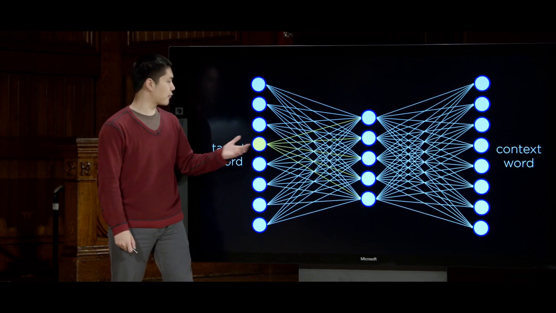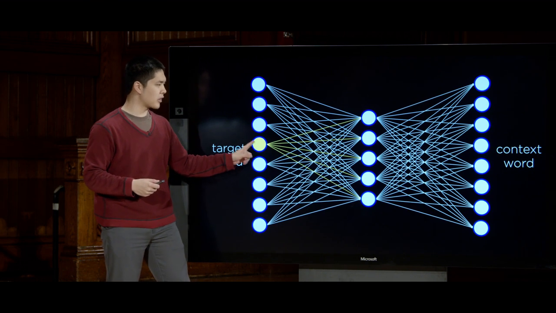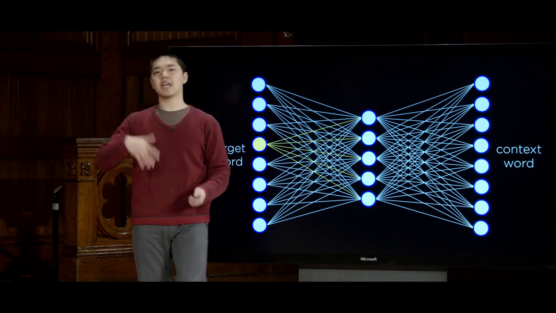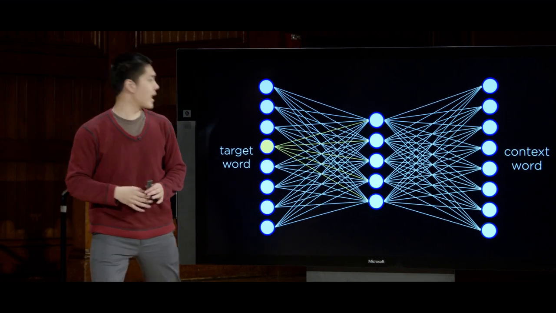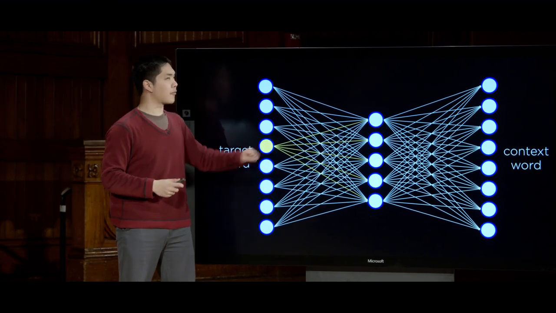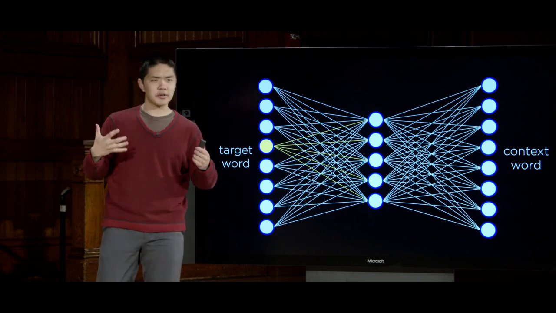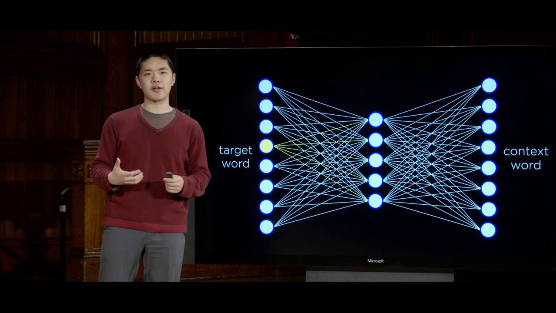In other words, I get 5 numbers that effectively are going to represent this particular target word here. And the number of hidden nodes I choose in this middle layer, I can pick that. Maybe I'll choose to have 50 hidden nodes or 100 hidden nodes. And then for each of these target words, I'll have 50 different values or 100 different values. And those values we can effectively treat as the vector numerical representation of that word.